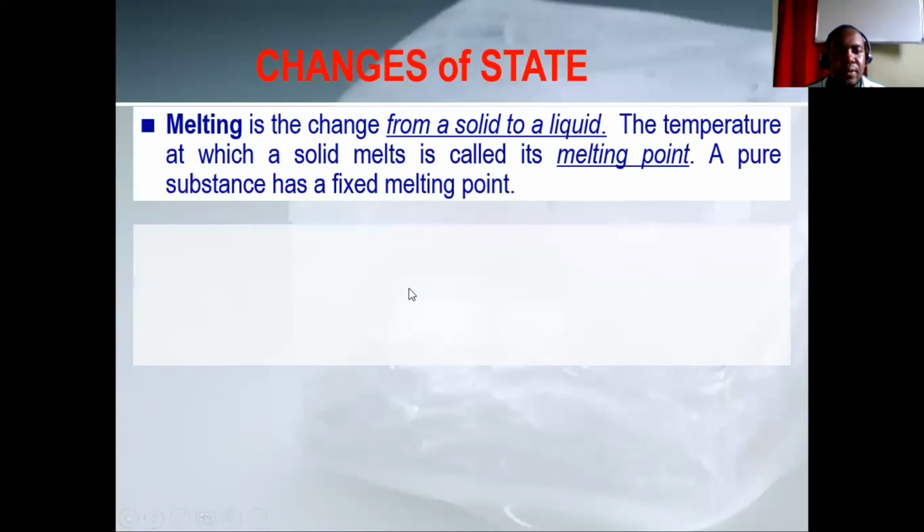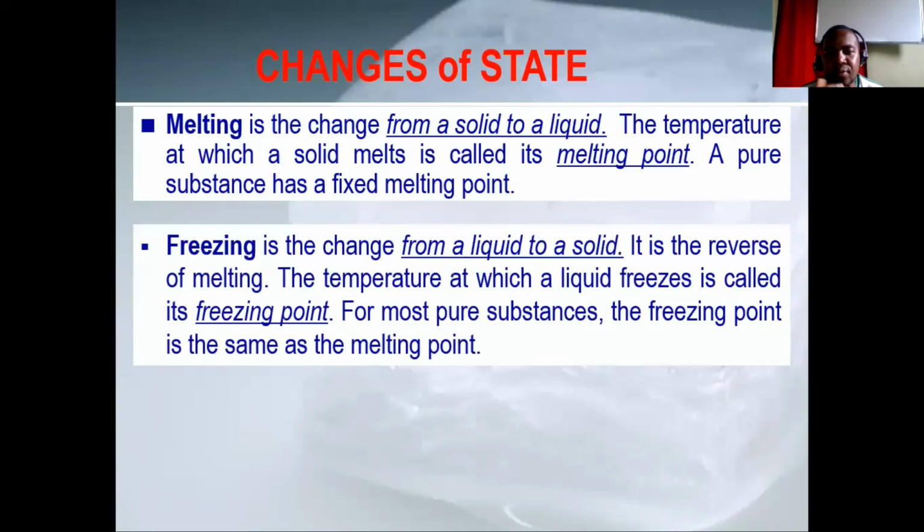Then we look at freezing, which is the reverse of melting. In this case, we're removing heat. With melting, we added heat; with freezing, we're removing heat. So the freezer in your fridge removes heat from the substance, so it can change from a liquid to a solid. Removing the heat removes the energy from the particles, so the particles can sit closely to each other and reduce the space in between them.